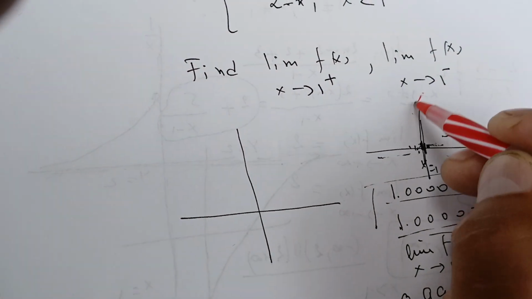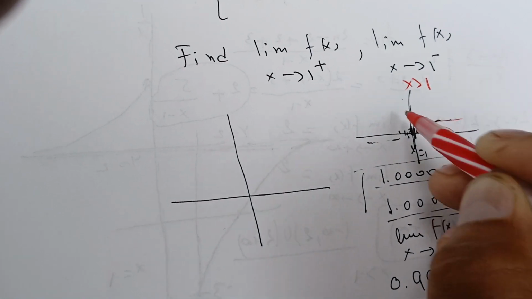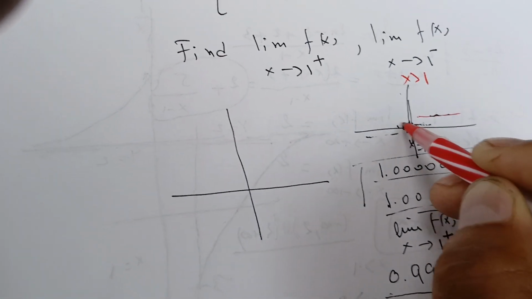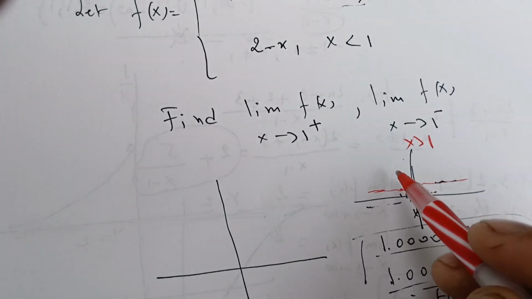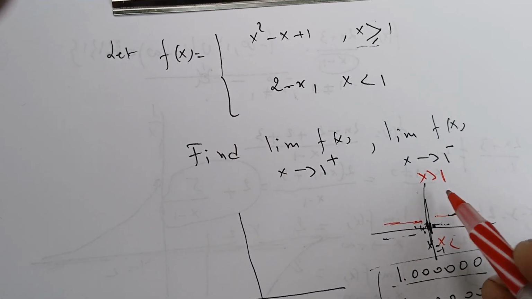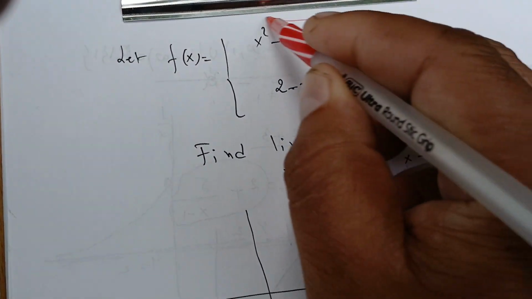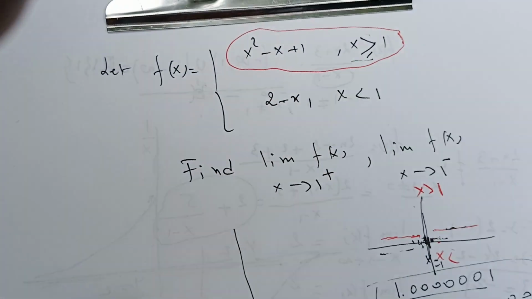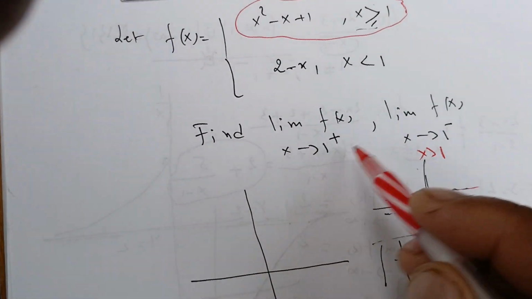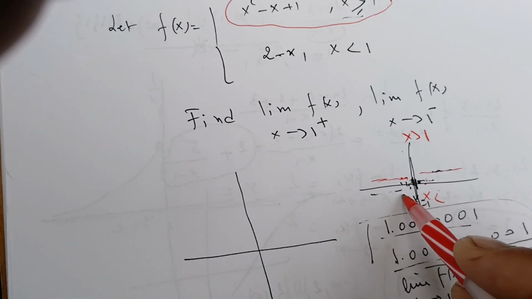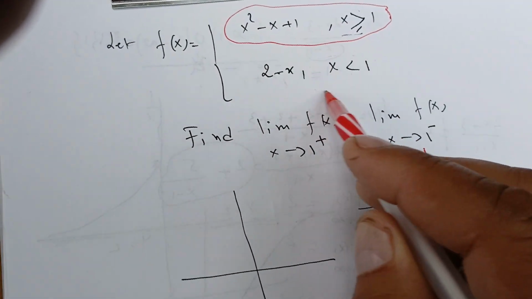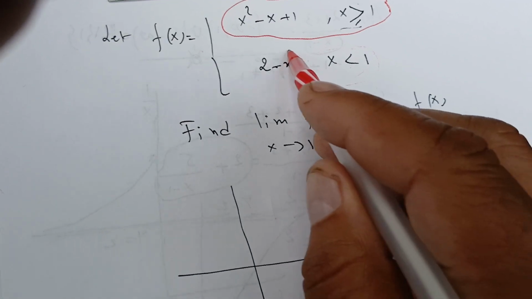So x bigger than 1 is here, and x less than 1 is in here. When I take x to 1 from the right, I use this function to evaluate the limit. When I take the limit from the left, I'm in the region less than 1, so I use this one here.